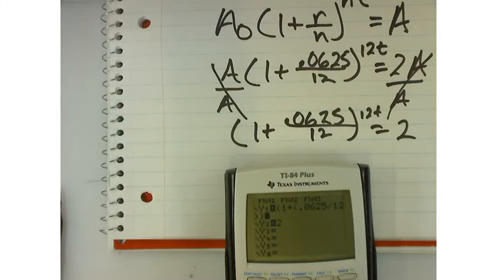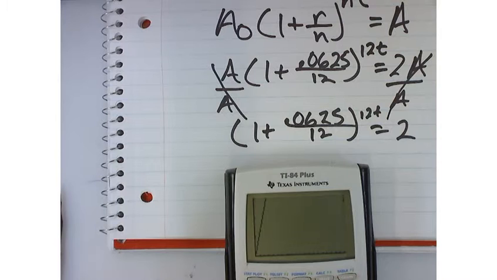If you don't do it that way, your graph will come out funny. Now what's that raised to? 12 to the t, but my calculator says x, so I'm just going to say 12x. Do you guys see how I entered that in my calculator? Okay, so now I'm just going to hit graph.